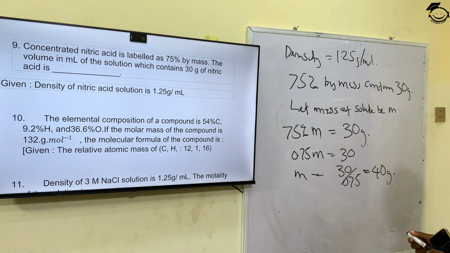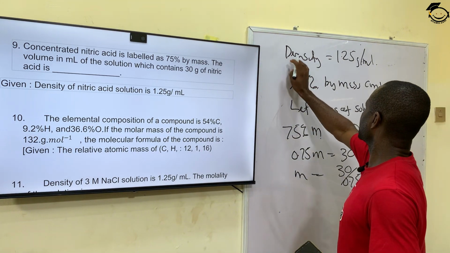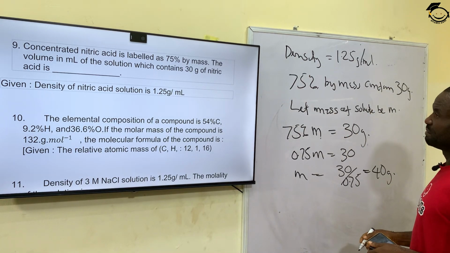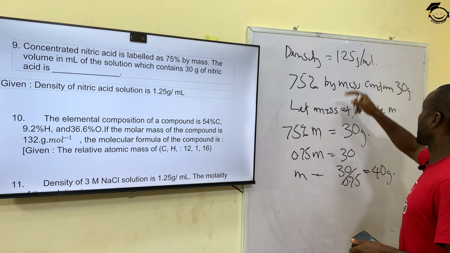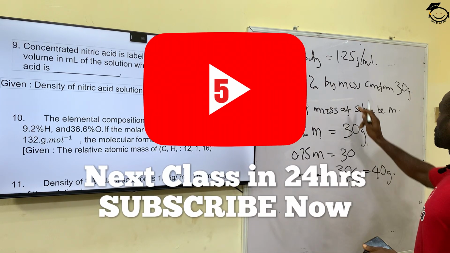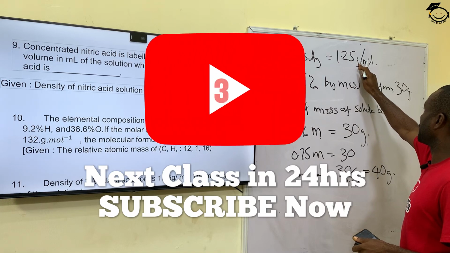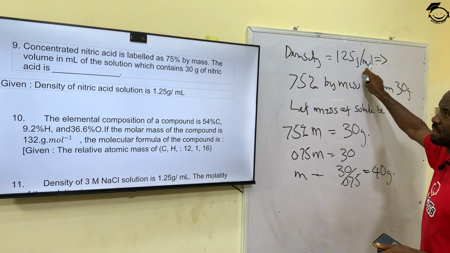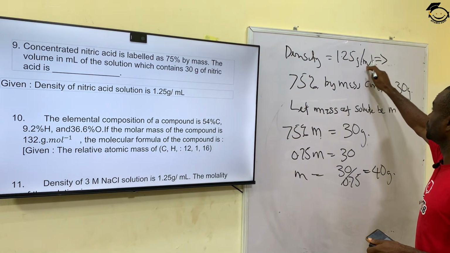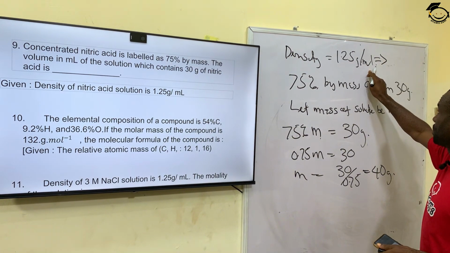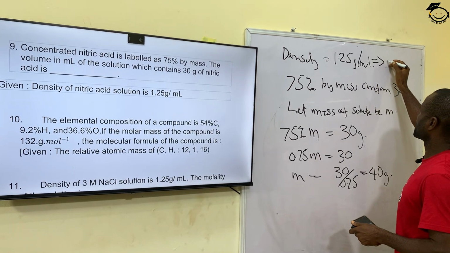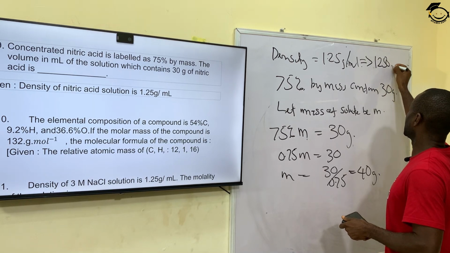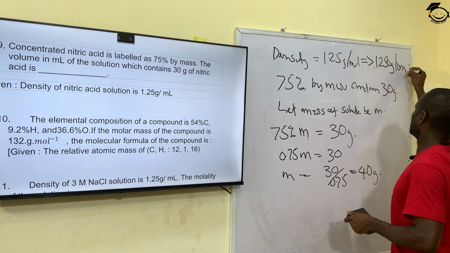Mind you, we have the density of a substance. The density of the acid is 1.25 grams per mL. So if we have 1.25 grams per mL, automatically we can have the density, if we want to convert it to 1000 cm³ or the dm³, if you multiply this, we have 1250 grams per dm³.